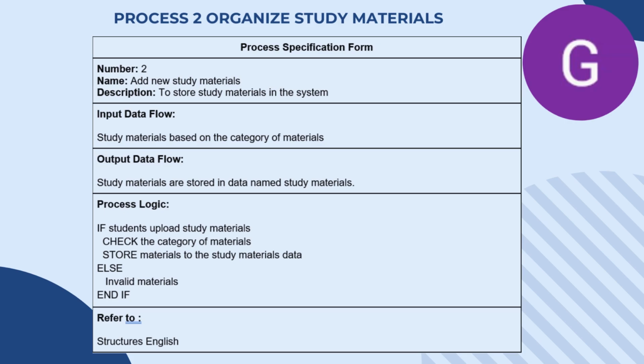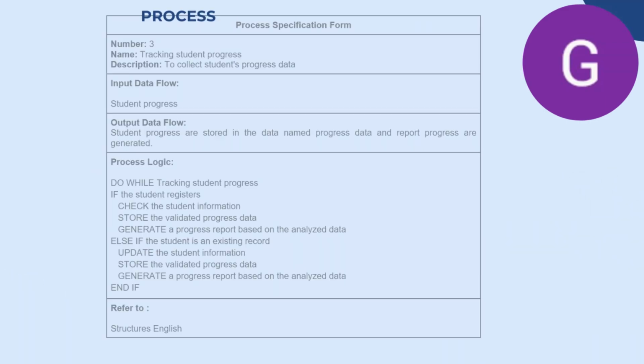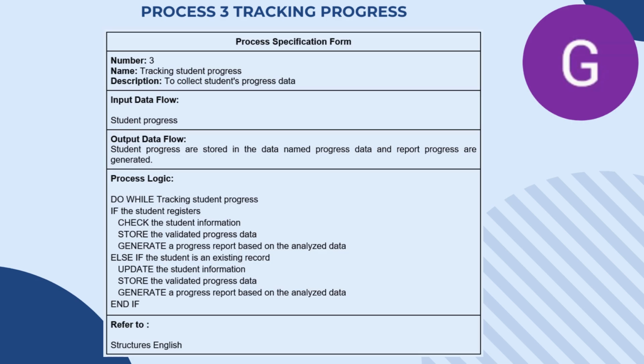The third process specification form is tracking of the student progress. So we will add the student progress data, and we will store it. We store the student progress, and the output will be the student progress data, and the progress reports are generated.